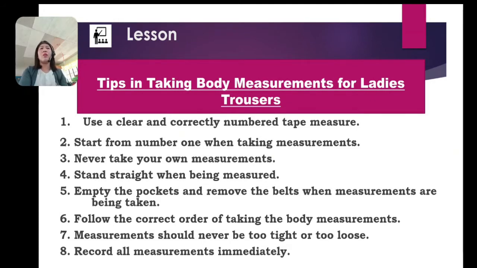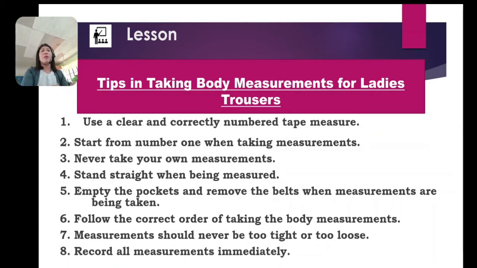Sixth, follow the correct order of taking the body measurements. So you need to follow the correct order or the correct procedure on how you're going to take the body measurements. Seventh, measurements should never be too tight or too loose.